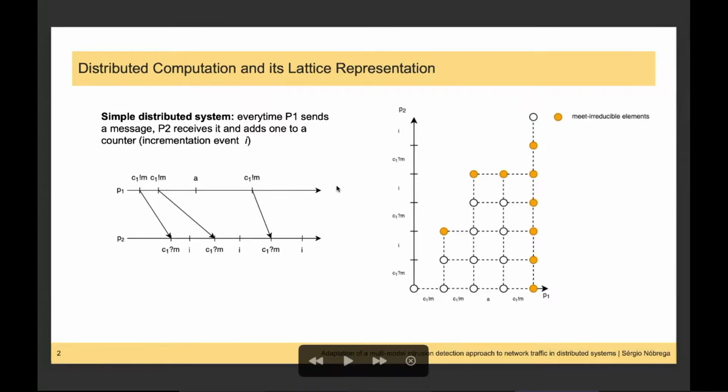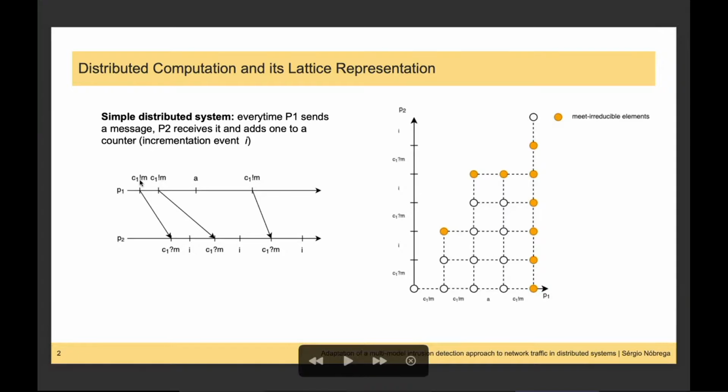And normally this is a distributed computation, and it has a particular order in which we follow the events.